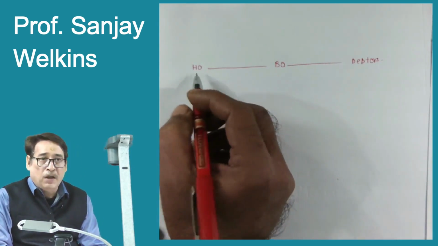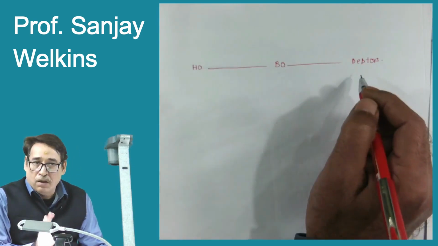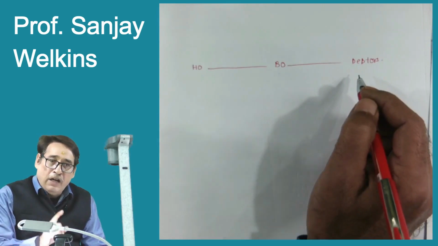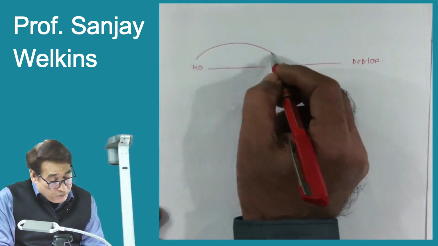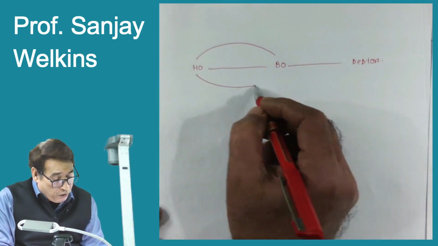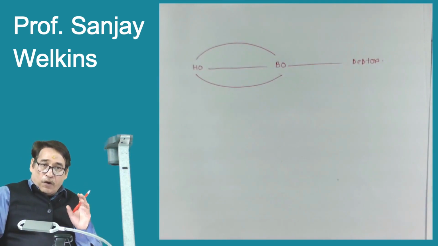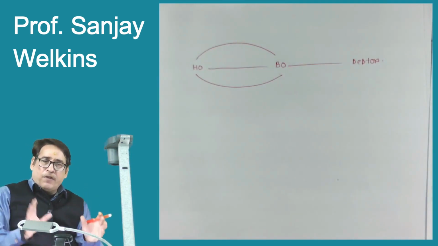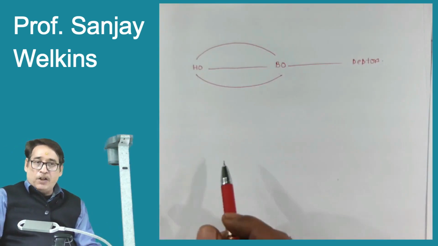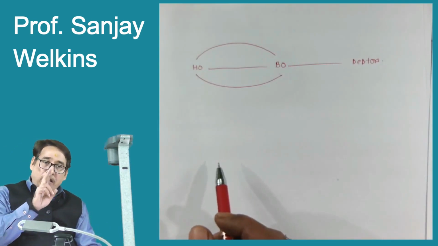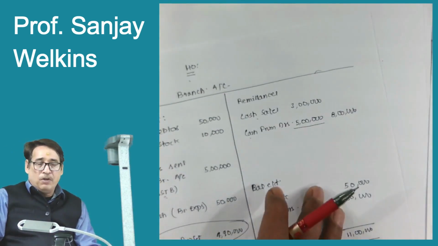Head office, good. Another one is branch office, and the third one is debtors. Never ever forget this point, that whatever transactions are taking place between head office and branch office, only such transactions will find place in the branch account.